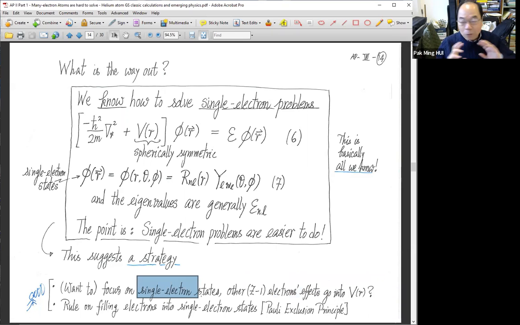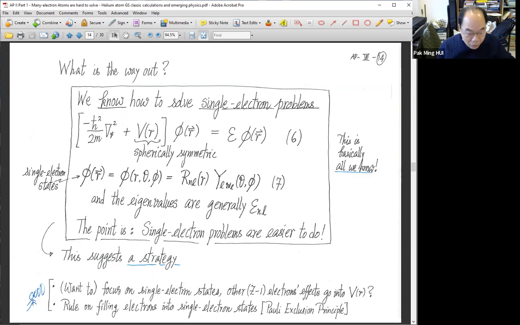So at the end, we hope to do something like that. For the single electron that we want to focus on, there is a potential energy due to the nucleus, plus another repulsive potential energy due to the Z-1 electrons. Therefore, if we can do that, the problem is reduced to solving a single electron Schrödinger equation.